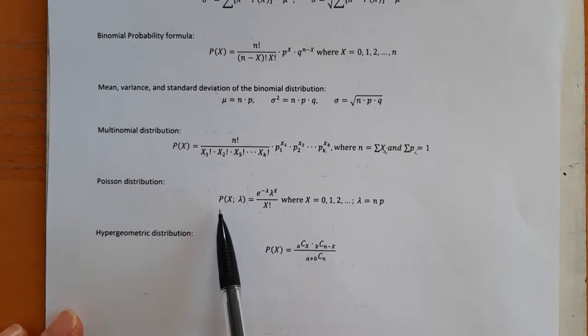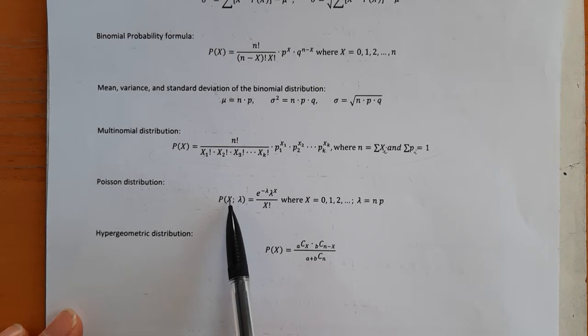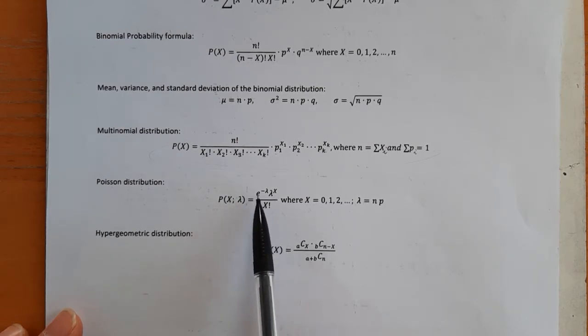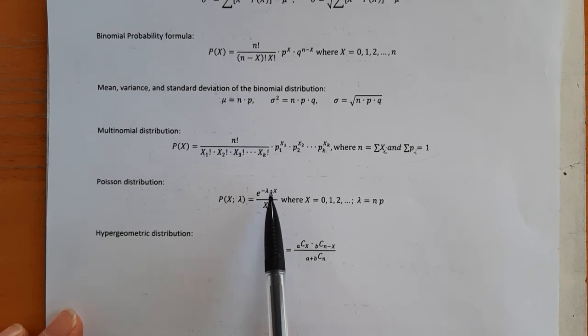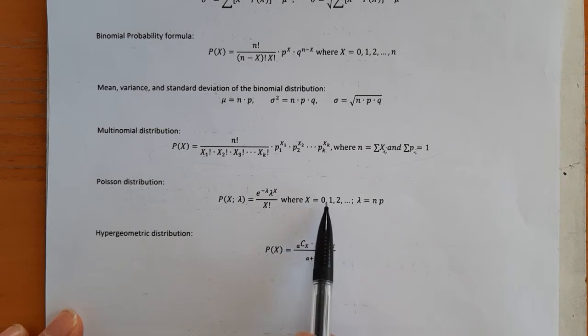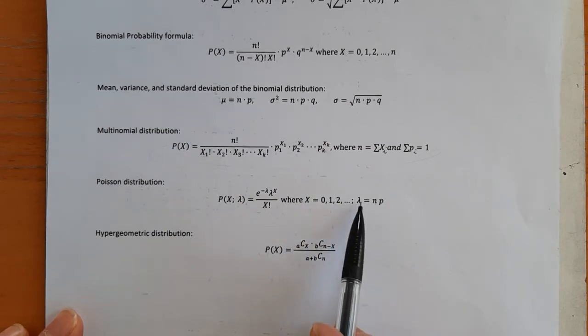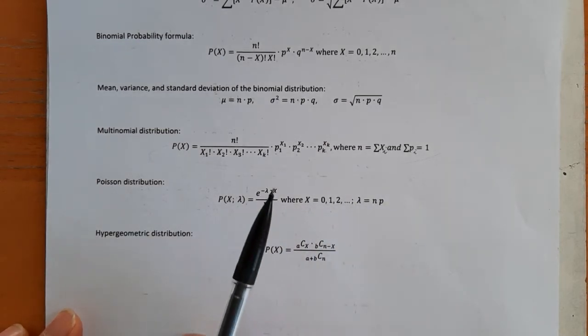P of x, lambda equals e to the power negative lambda times lambda to the power x over x factorial, where x equals 0, 1, 2, and so on. Lambda is equal to np.